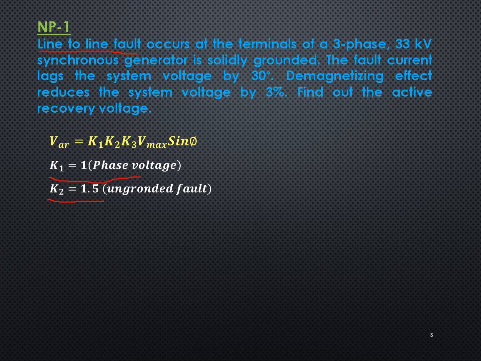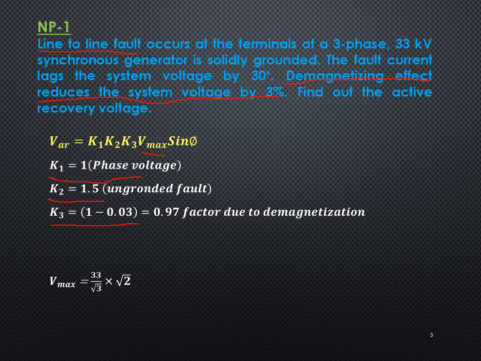Now we have to find the value of K3. It is written in the problem statement that the demagnetizing effect reduces the system voltage by 3%. So K3 is equal to 1 minus 0.03, which equals 0.97. Now we find the value of Vmax. Vmax is equal to 33 by √3, multiplied by √2.